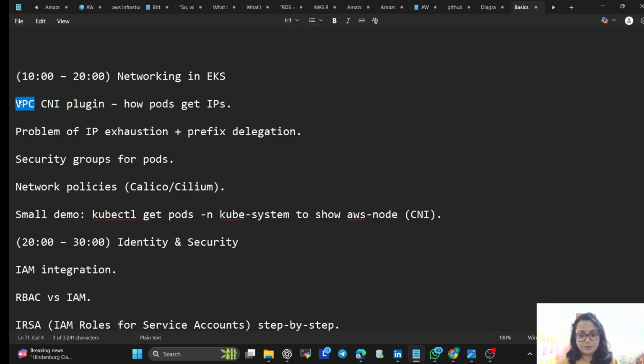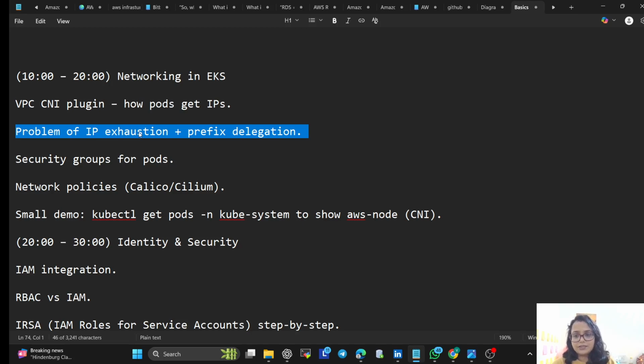Now, the problem of IP exhaustion, plus prefix. First we will understand the IP exhaustion problem.